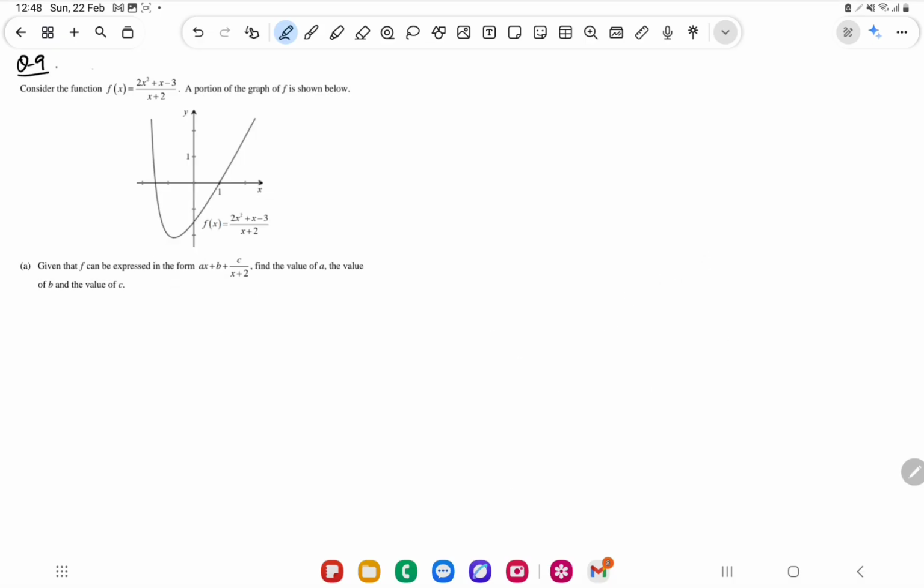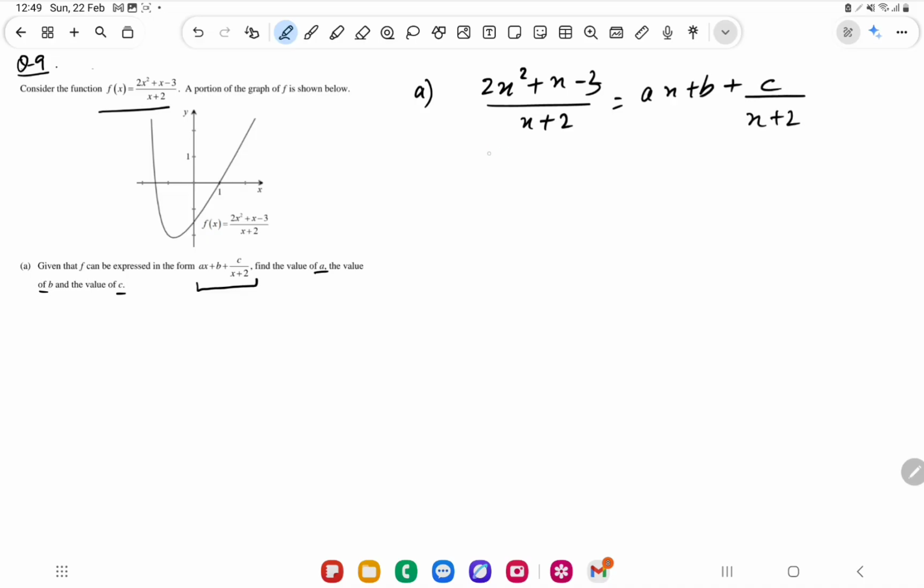In this question, we are given a function and a portion of f(x) is shown. We have to express this in this form, and hence we have to find the value of a, b and c. So first we will write what is given to us as the function, and on the right hand side we will write a plus b upon x plus 2 plus c upon x plus 2.